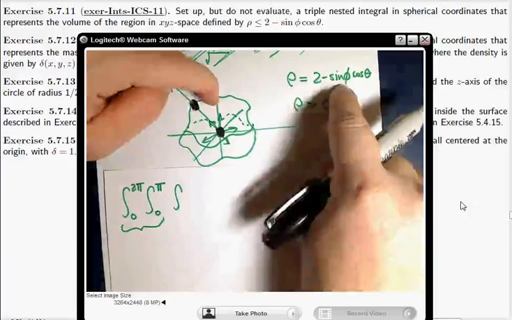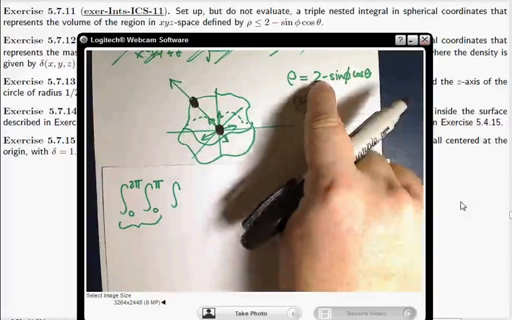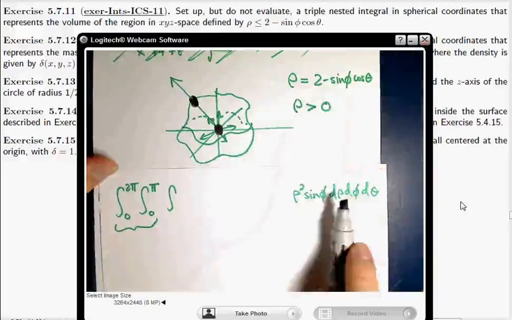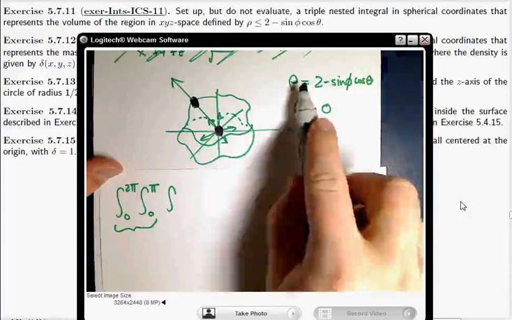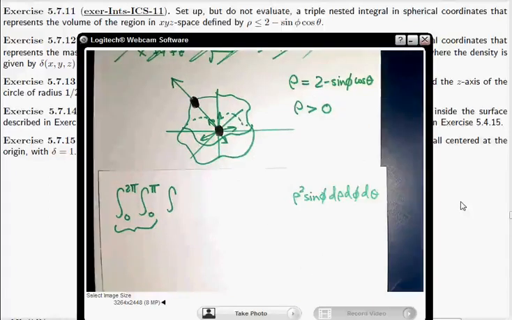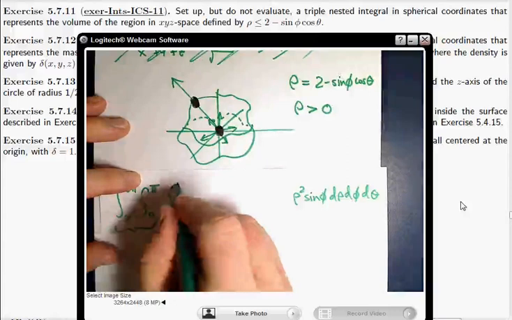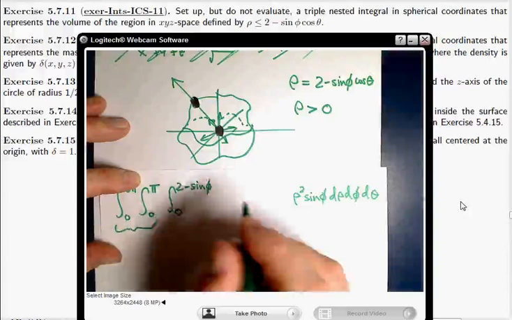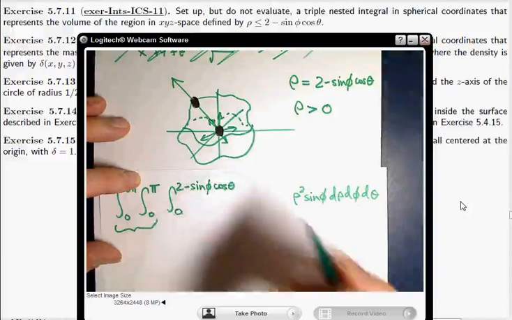That surface has that equation, and so I need to solve for rho in this equation. Conveniently that's been done, because we're clever enough to always use rho on the inside, since rho is usually given as a function of phi and theta. And so we just get 0 to 2 minus sine phi cosine theta.